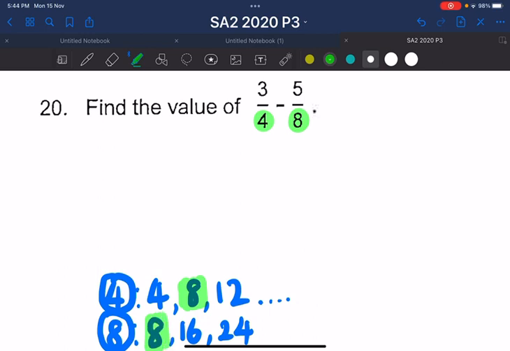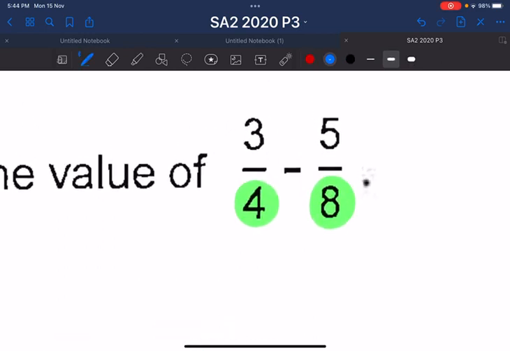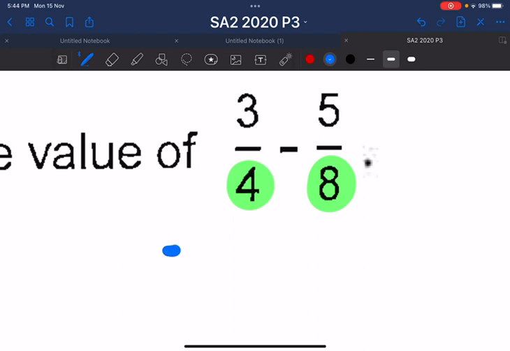Right, now if 8 is repeated, you can tell 8 is the good guy. So if 8 is a good guy, we are going to try to make this bad guy become a good guy. 4, we can change it to a good guy quite easily, right? We just simply multiply by 2.